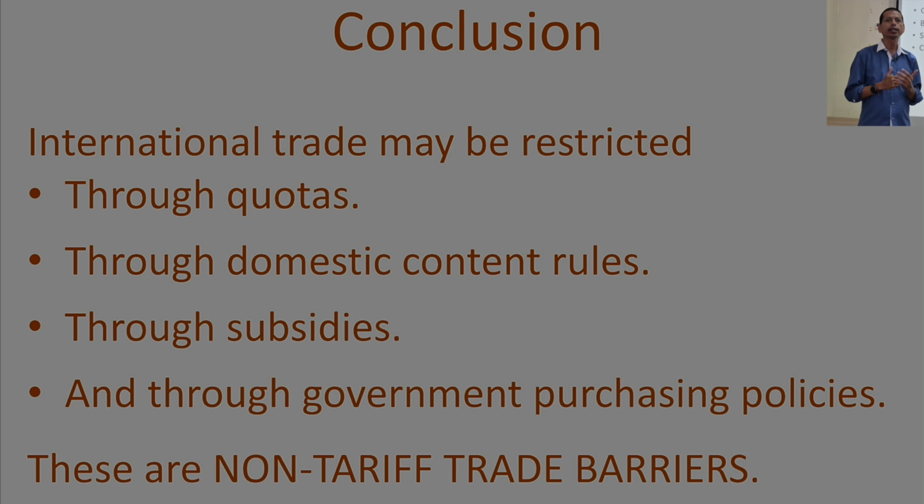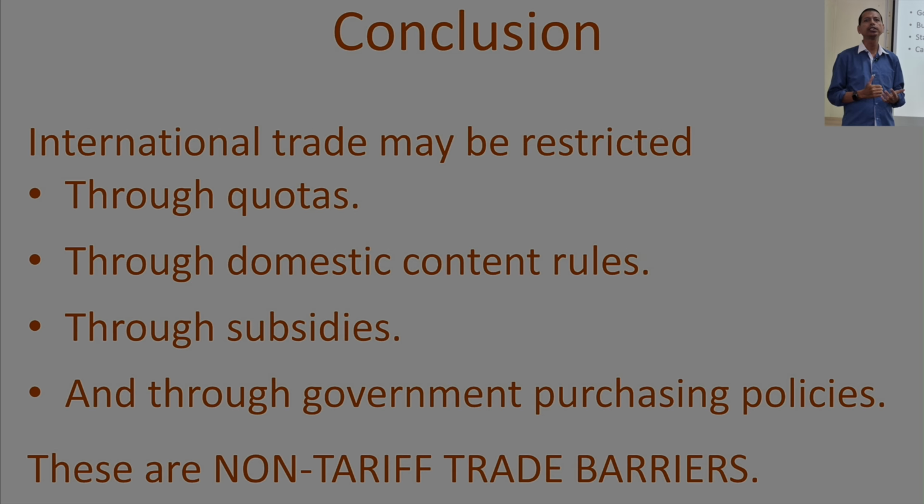So even when tariffs appear low, international trade may still be restricted through quotas, through domestic content rules, through subsidies, and through government purchasing policies. These are non-tariff trade barriers.